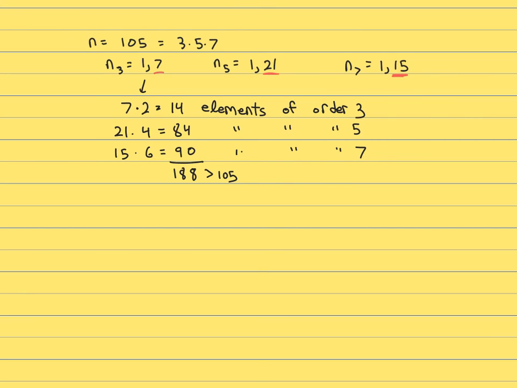In fact, it's worth pointing out, if you look at these two conditions together, they add up to 98. And so that forces the remaining 7 elements to be in that Sylow subgroup.